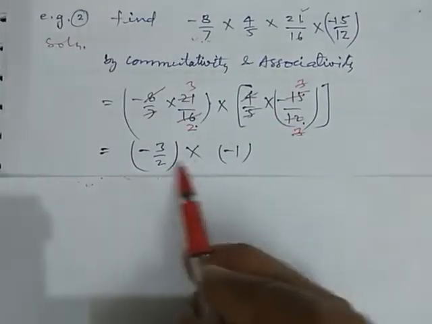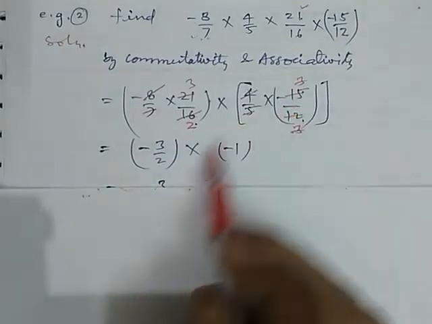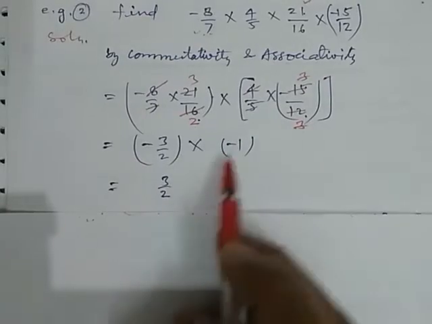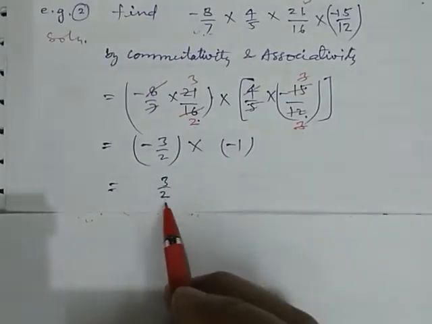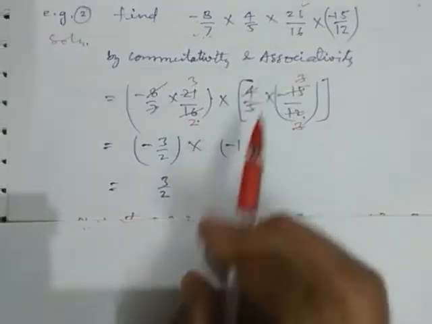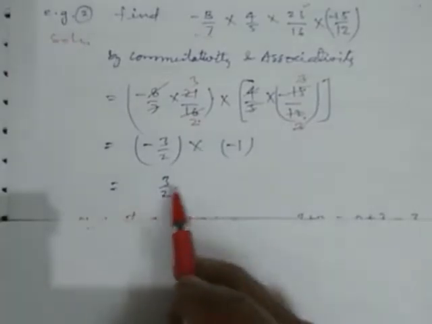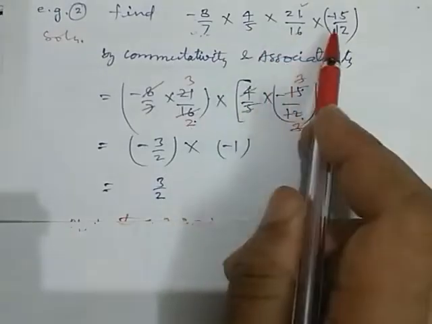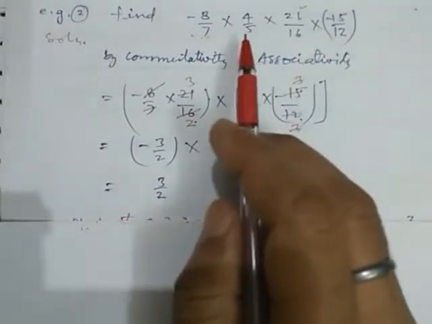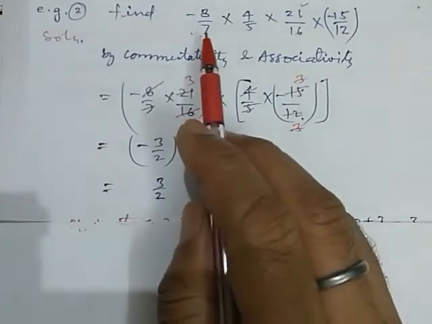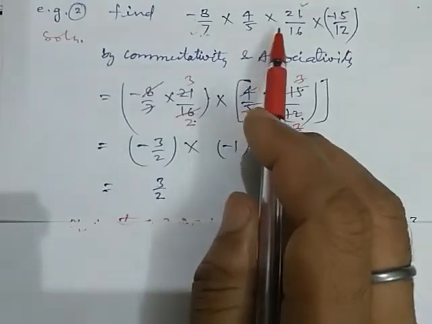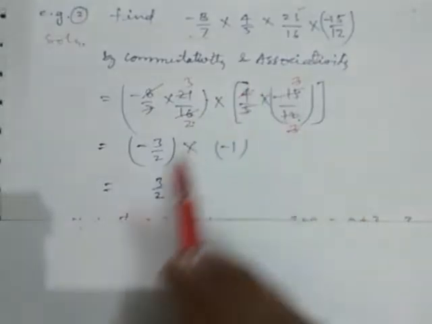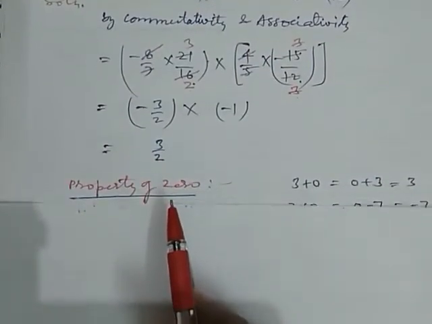So this reduces to minus 3 by 2 into minus 1, and the result, minus into minus is plus, is 3 by 2. So this problem reduces very simply, but if we do not solve it this way and calculate directly, then this problem is somewhat difficult. So by using different properties we can solve our question.